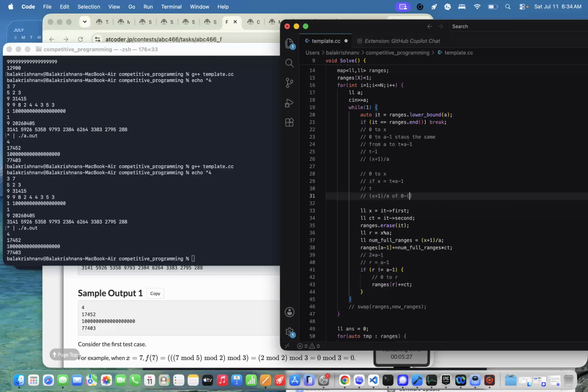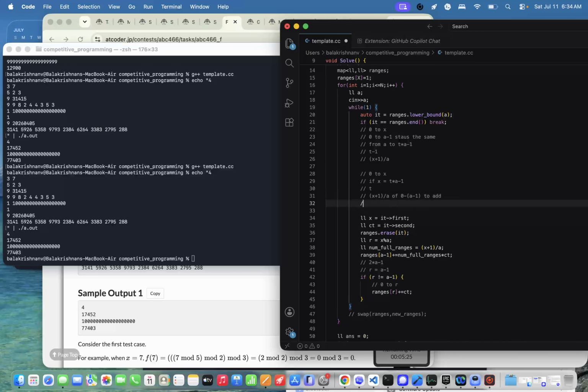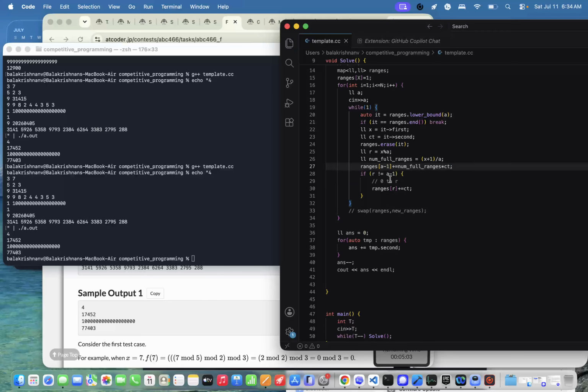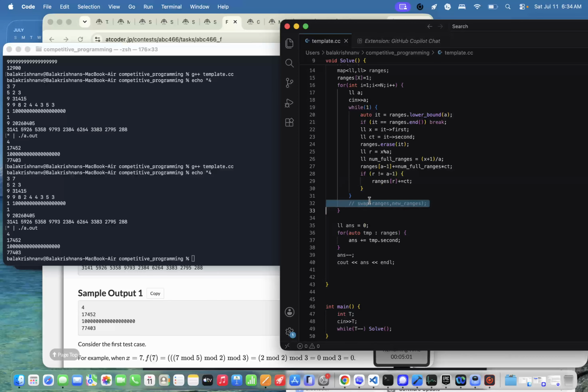Then there is a remainder r. So obviously if the remainder is a minus 1, the last one is already a full range. Otherwise you need to add 0 to r, and that's what we are adding here. So essentially each segment of numbers gets broken down into multiple pieces. That should be the simpler solution. We don't need this new ranges.